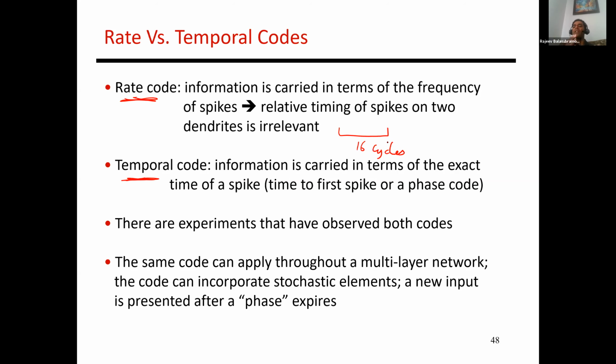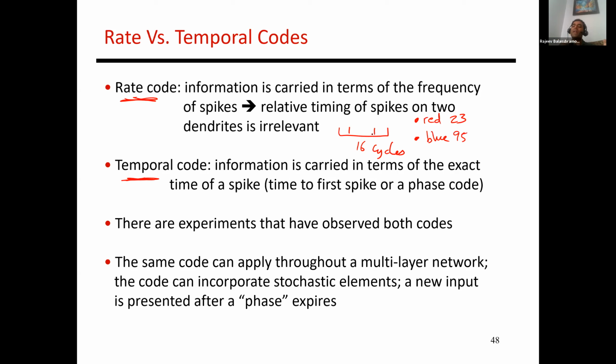If the input is, let's say, red, and red maybe corresponds to a pixel value of 23, it does not, but I'm just making up these numbers right here. And then you have a separate input which is blue, and that corresponds to a pixel value of 95. I want to convey these numbers as input, and so red is conveyed as 2 spikes that show up in these 16 cycles.